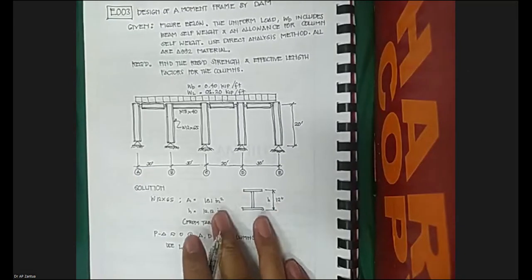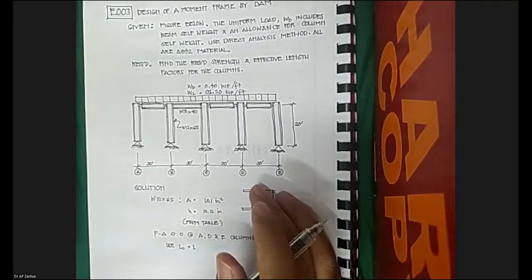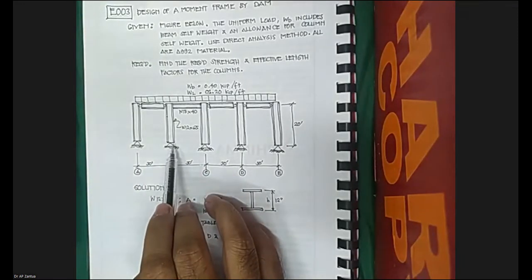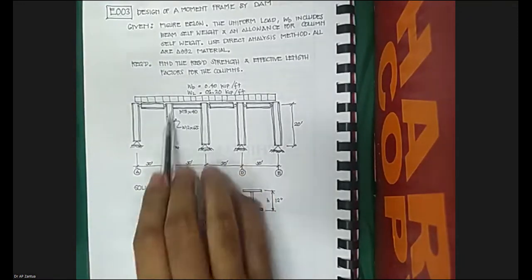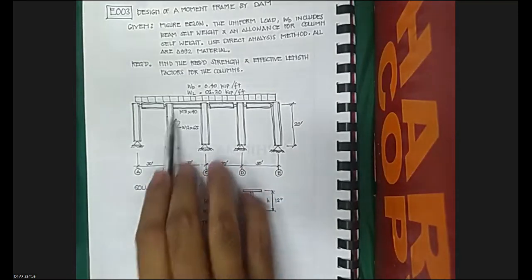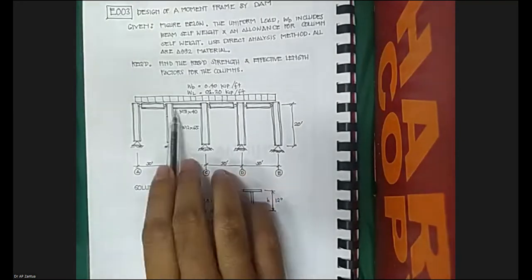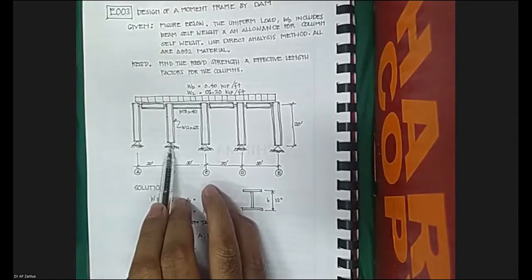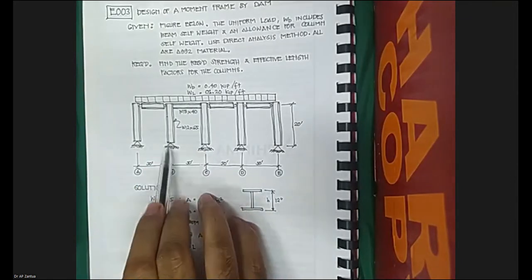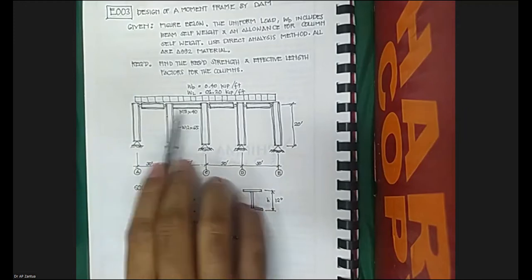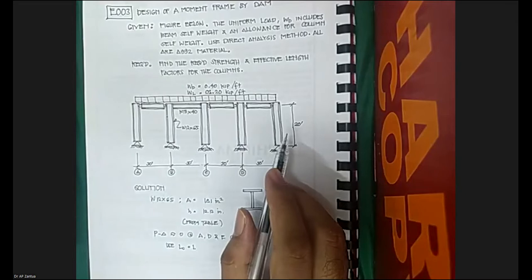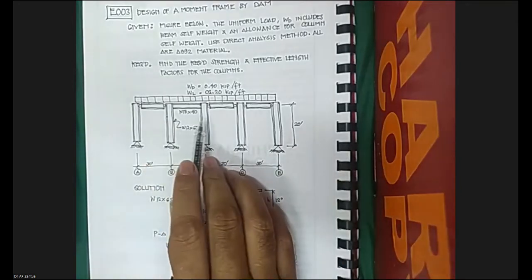Next, the moment frame between grid lines B and C. What is the moment frame? This whole thing, this is the frame. The frame is composed of two columns and this beam. Because this is fixed and this is pin, this is a system, a frame that will contribute to moment.